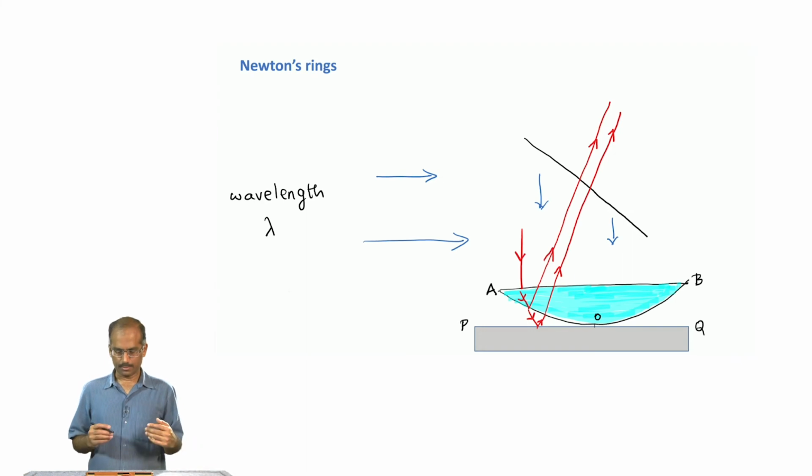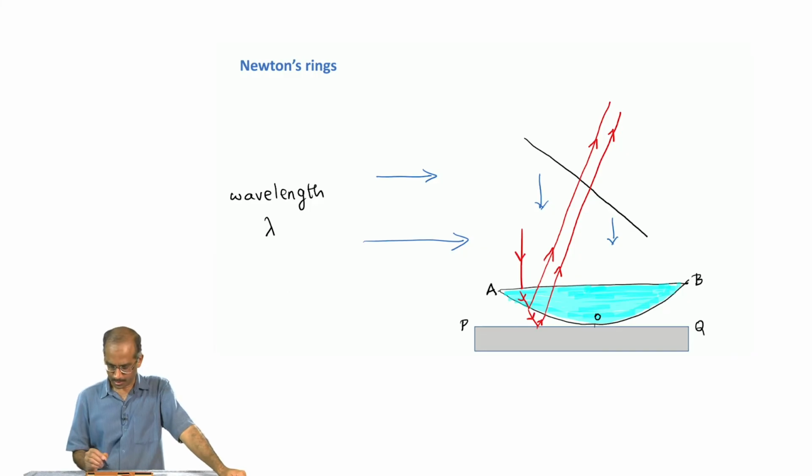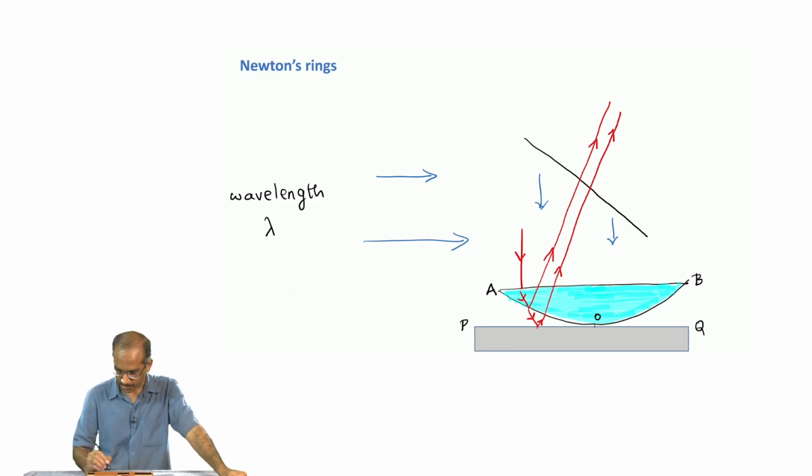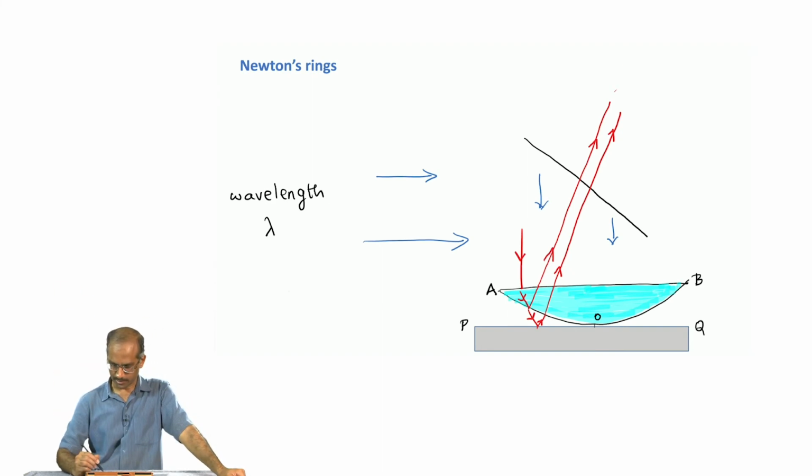When the ray hits the top of this surface, there is a refracted ray inside the glass, inside the plano-convex lens, which hits the curved portion AOB, and there is one component which gets reflected and goes straight out. That is this line which is shown here.